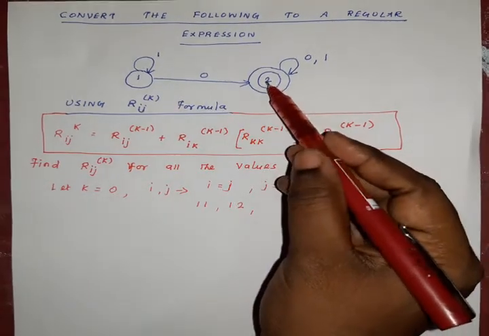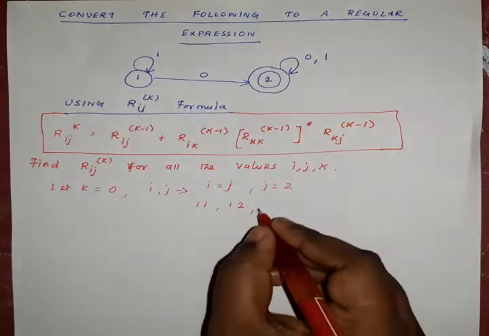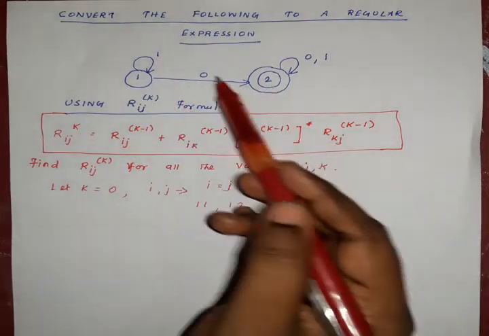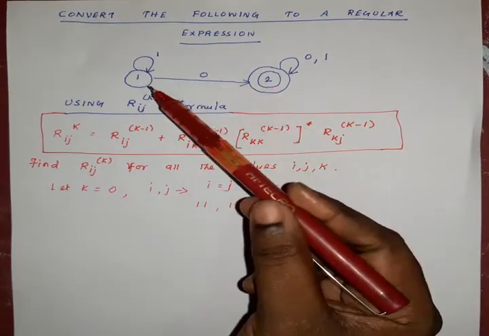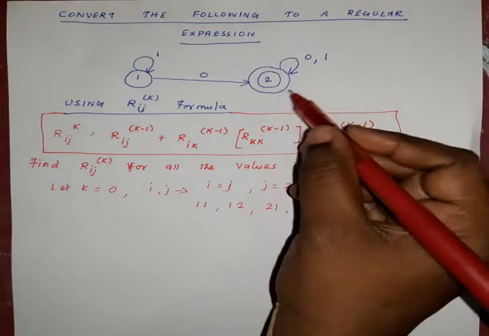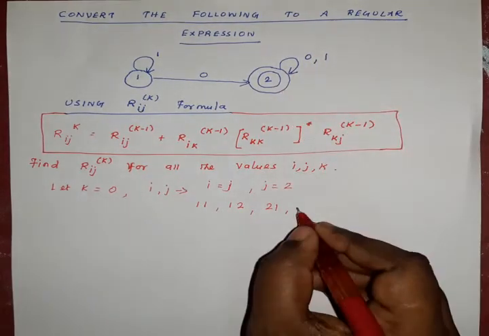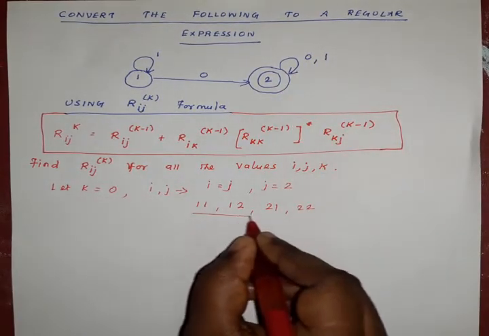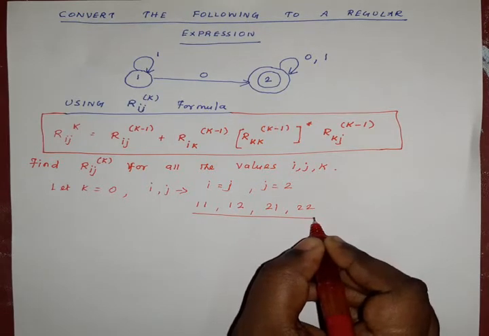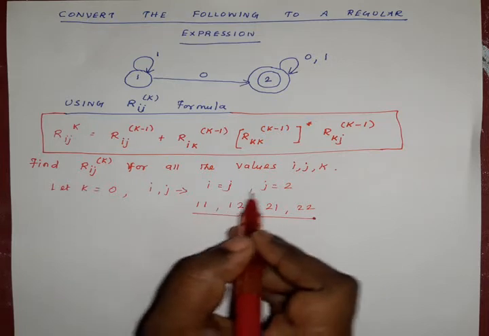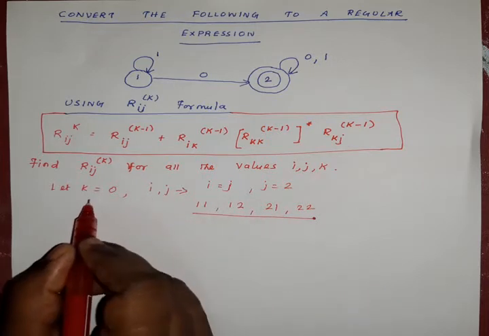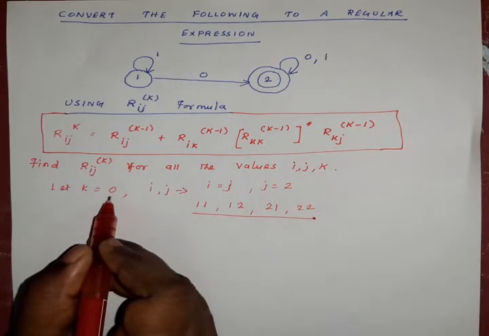Next one, the path goes from 2 to 1, which means the path goes to the initial state from the final state. The last combination is 2 2, the path goes from 2 to 2, the self loop. So these are the 4 possible combinations for I and J. We have to find these for all the values of I and J for k is equal to 0.